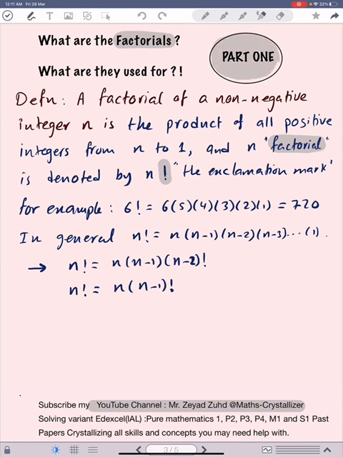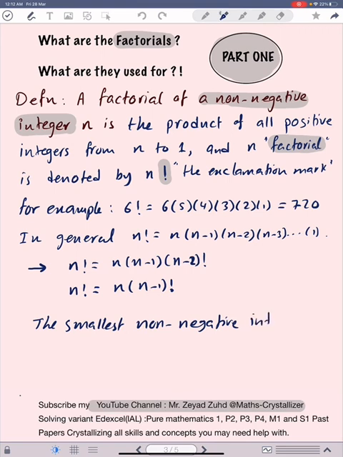What we are interested in this session, we said in the definition, is non-negative integer. The smallest non-negative integer is 0. So this means zero factorial has a value.